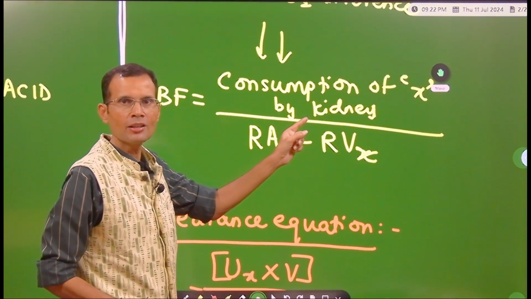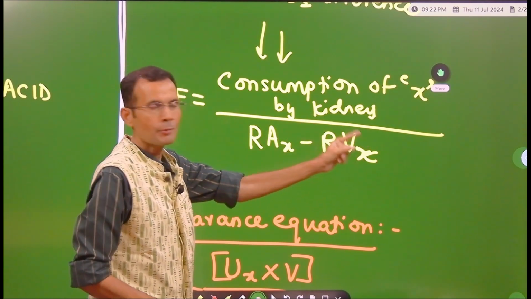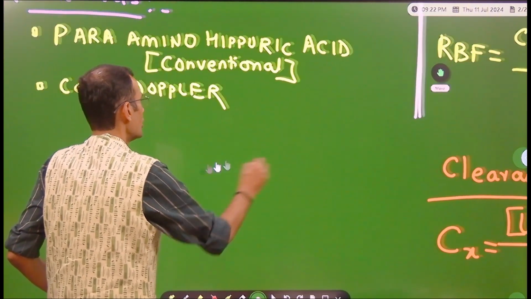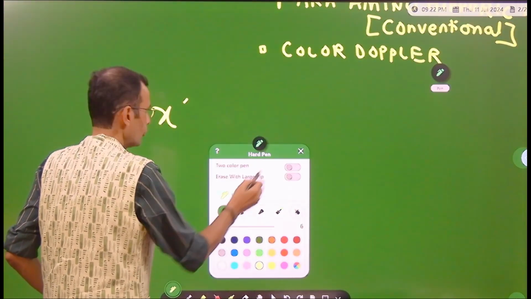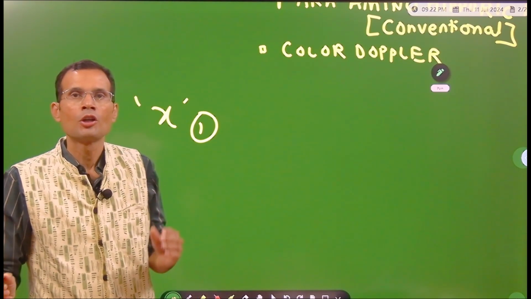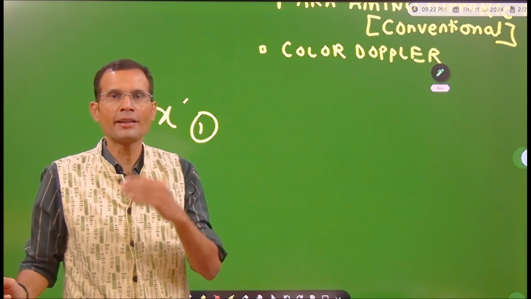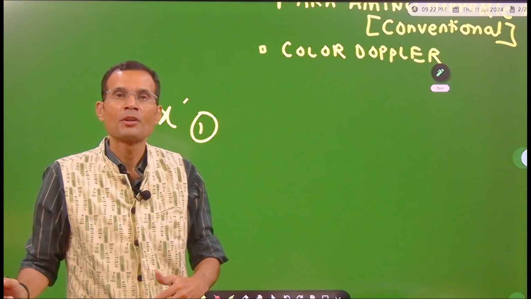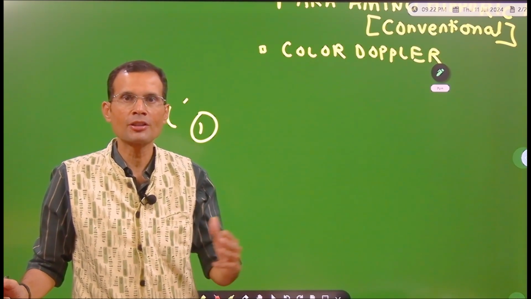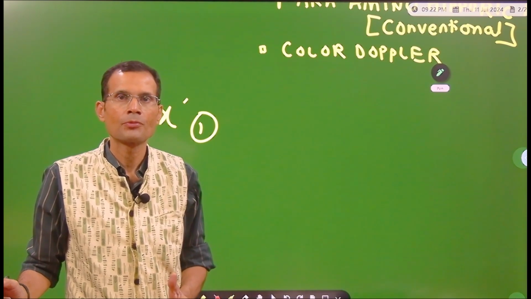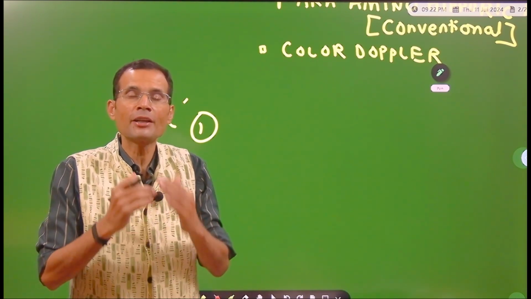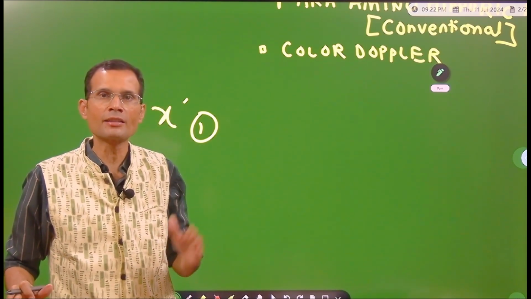Now, in the numerator, consumption of X by the kidney per unit time maybe. Now, we need such a substance X which is consumed by the kidney, fine, but not by metabolism or inactivation or any such thing. Kidney should consume that substance X, means it should eliminate that substance X into the urine.